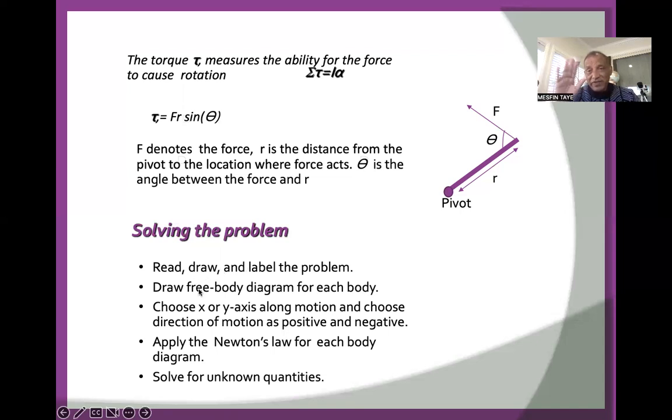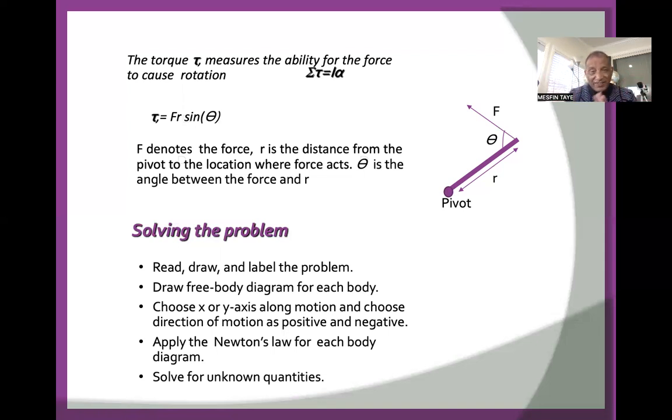Then you have to draw a free body diagram for each body. Then you label the X and Y components along the X and Y directions, apply Newton's law for each body diagram, and solve for the unknown quantity. Now, look, you cannot learn physics without practicing problems. You have to practice a lot of problems.